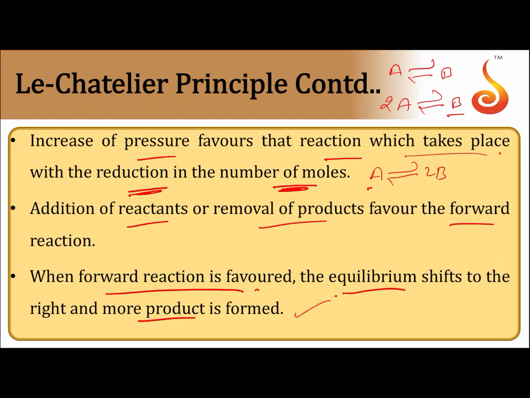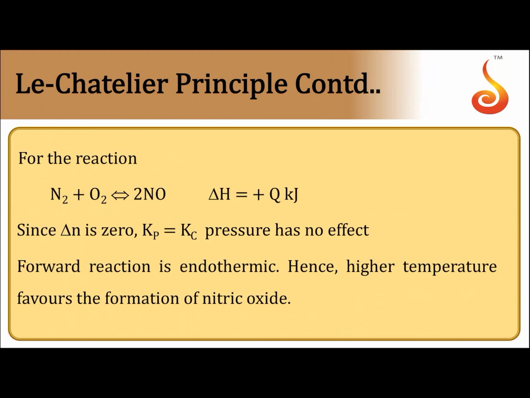That is the meaning of saying the forward reaction is favored. So Le-Chatelier's principle says that if you increase the concentration of reactants or decrease the concentration of products, it moves in the forward direction. When you increase the temperature, it favors the endothermic reaction. When the pressure is increased, it moves in the direction with fewer moles.